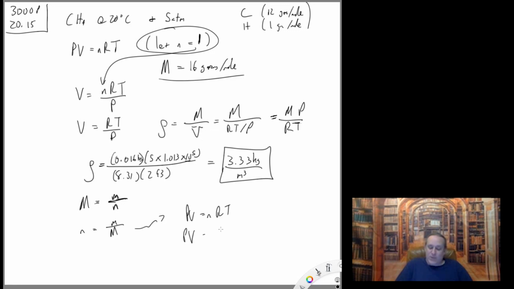That would be PV equals the mass of my gas over the molar mass times RT. And if we just rearrange this, we get M times P over R times T equals the mass over the volume, which is the density. So you can recover this formula with symbols first and not have to let n equal 1. But I like just picking a number of moles, finding the mass of that number of moles, and then dividing that mass by the volume.